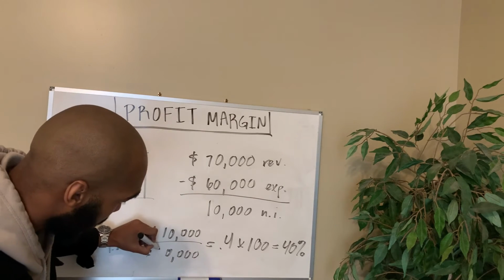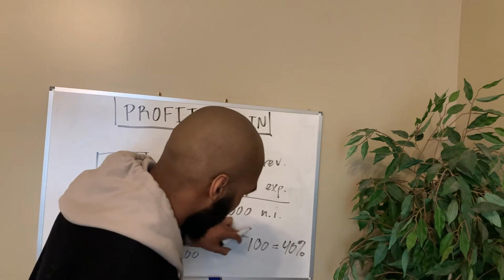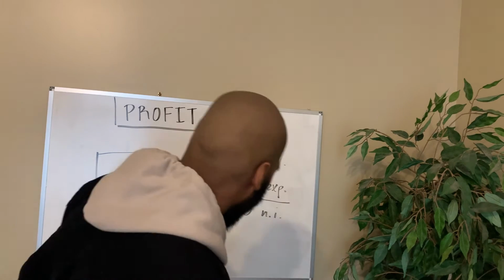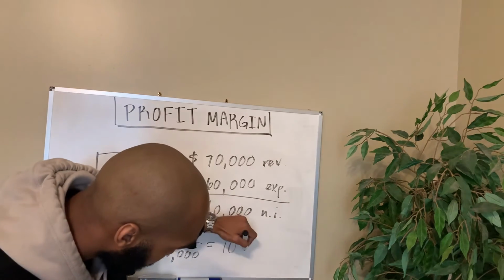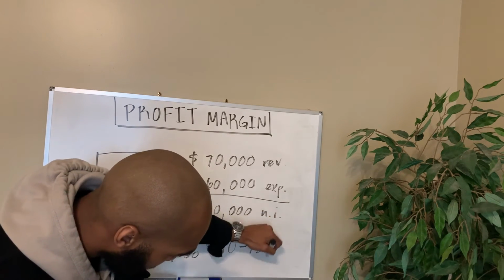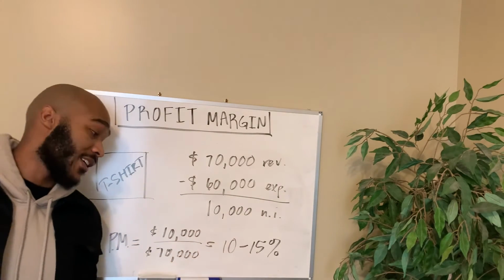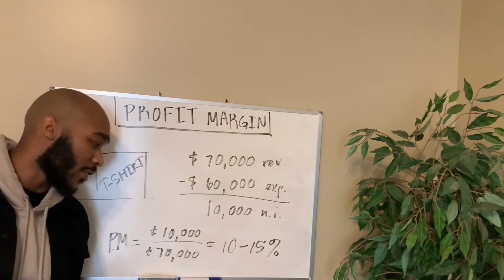This will be 70,000, and then these numbers will change. And then, just off the top of my head, this will be 10 to 15%. You can use your calculator to check my math on that.